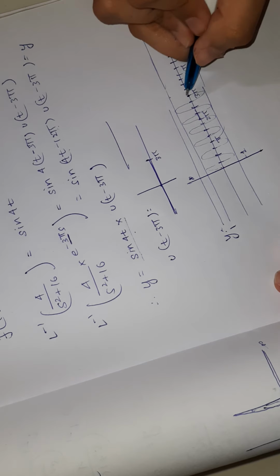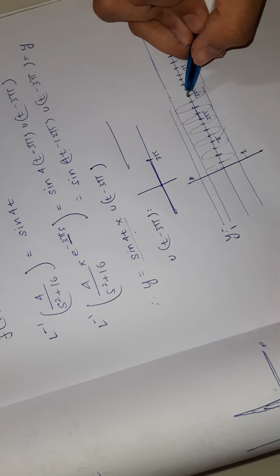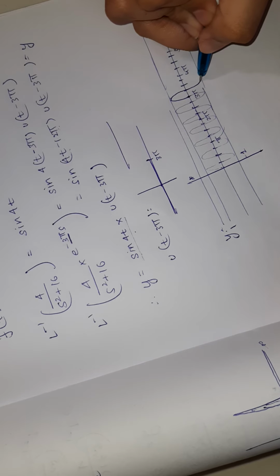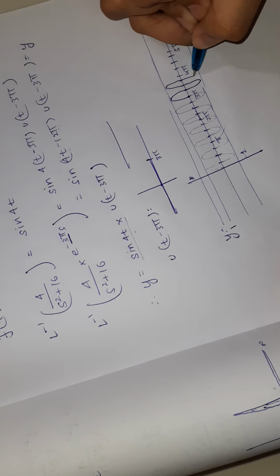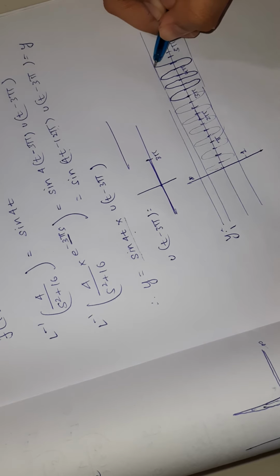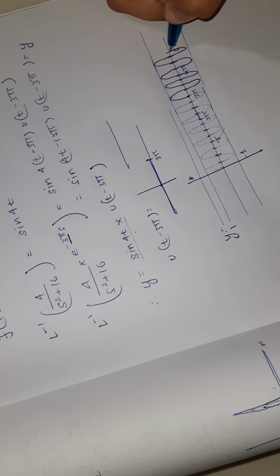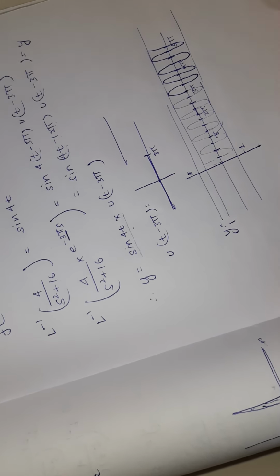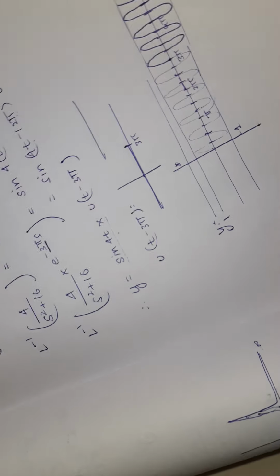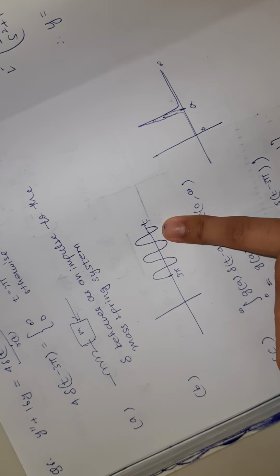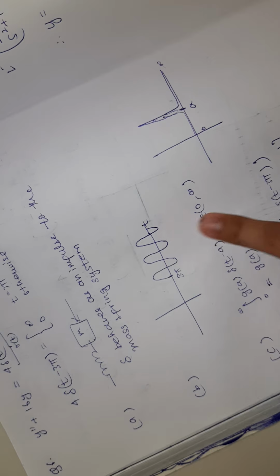So it starts from here, and the solid line is what the actual graph is. And so on. So this is the final solution, and we were supposed to compare the two graphs. So my initial rough graph was this, and it corresponds exactly.